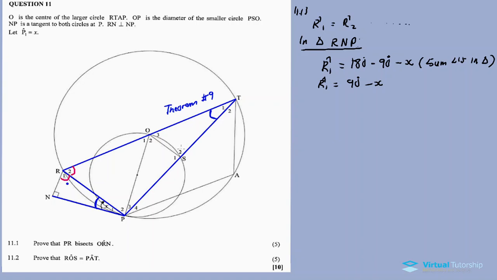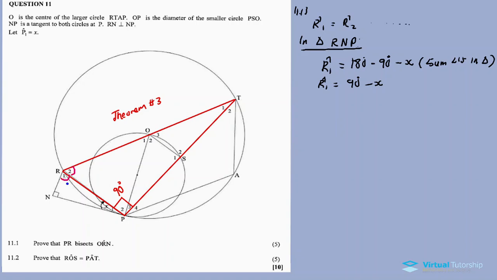So I can calculate T1 using the tan chord theorem, and this angle RPT, which is 90 degrees, using theorem number 3. This will help us to calculate R2.